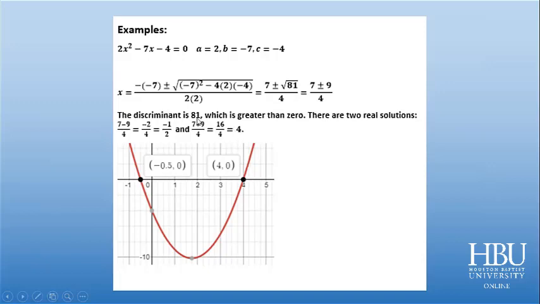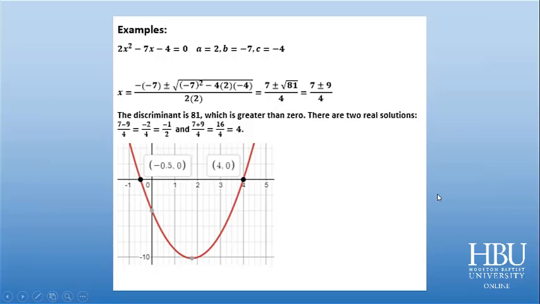Notice that the discriminant here, the number under the square root sign, was 81. 81 is greater than 0, and when the discriminant is greater than 0, we do indeed have two distinct real numbers that are solutions to the quadratic equation, and they're the x-intercepts of the graph of that quadratic function.